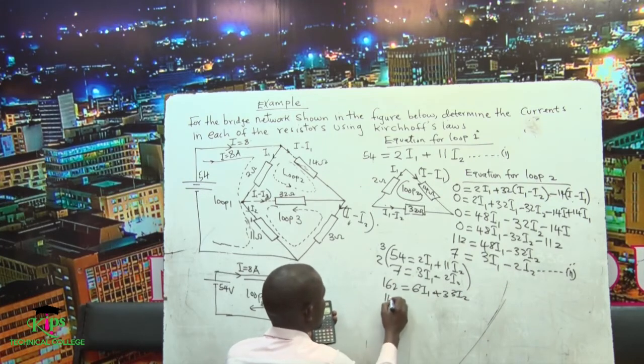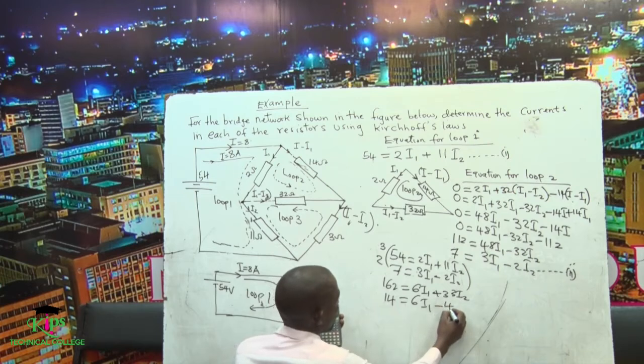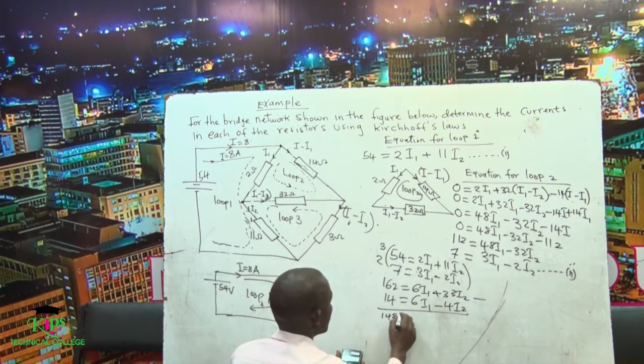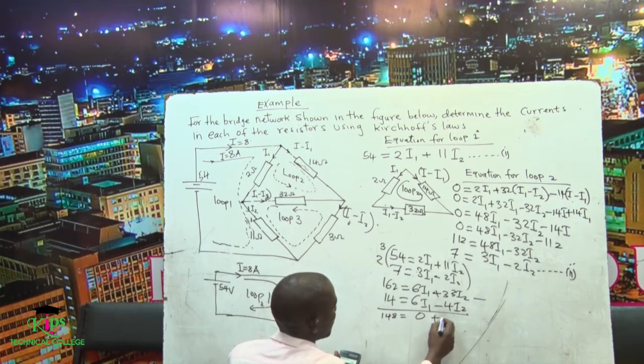If you multiply this, you get 14 is equal to 6I1 minus 4I2. So if you subtract, you will get 148 is equal to, remember 6I1 minus 6I1 becomes 0, and a minus and a minus becomes plus 37I2.